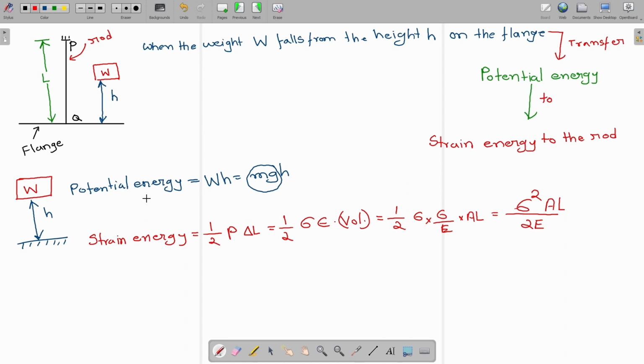The strain energy stored is equal to the potential energy dropped from a height h. Therefore, we can write it as WH is equal to sigma square AL by 2E.